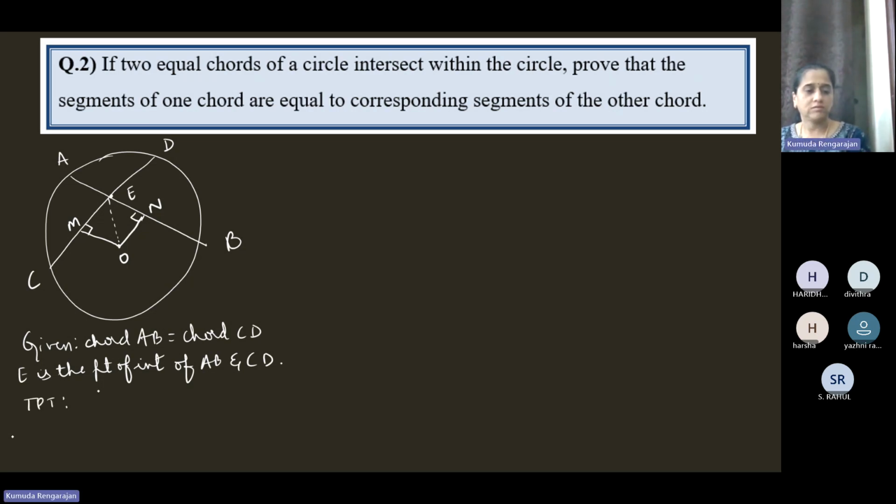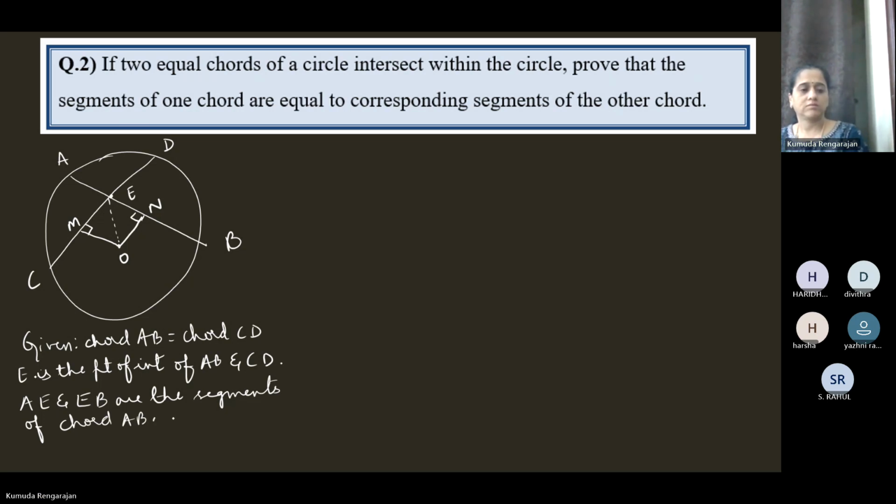To prove that: AE and EB are the segments of chord AB, DE and EC are the segments of chord CD.